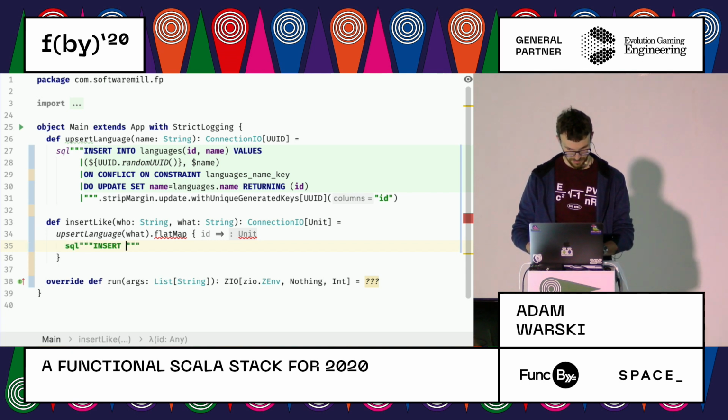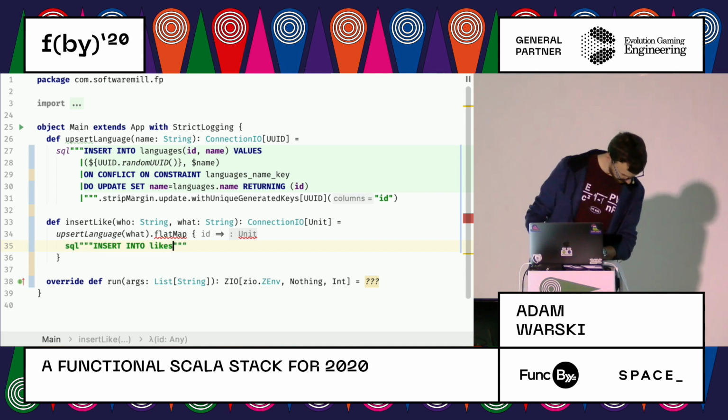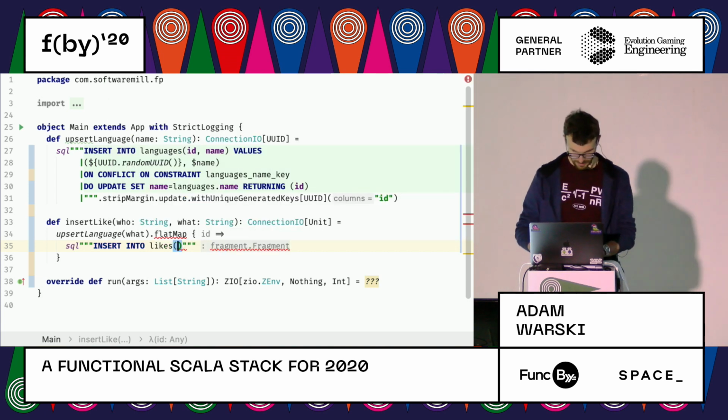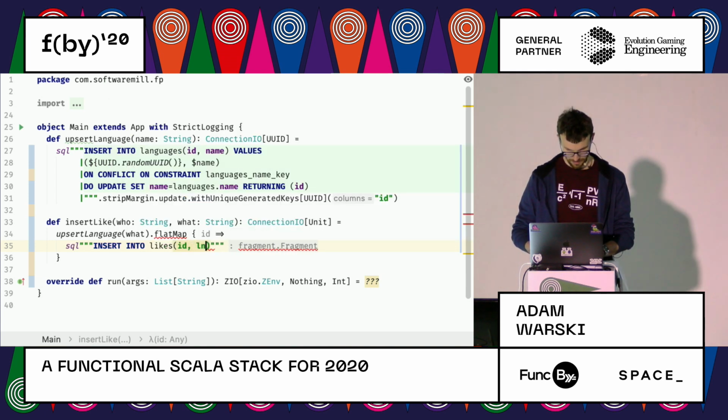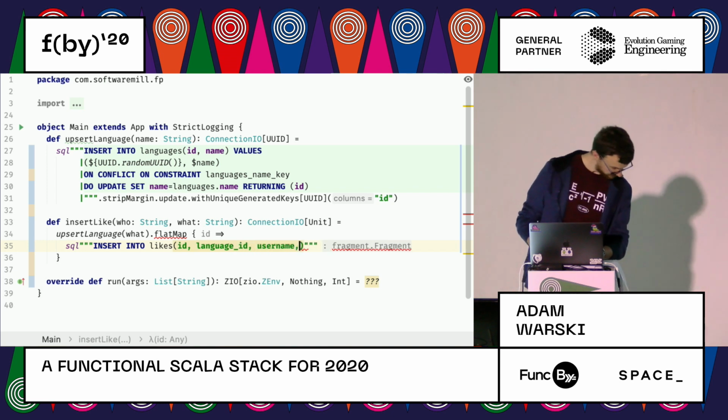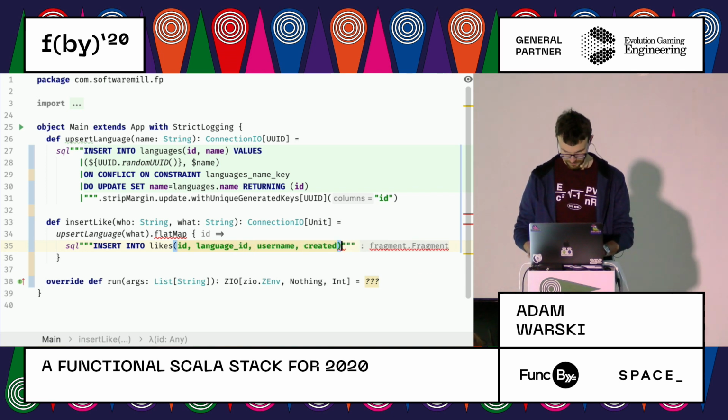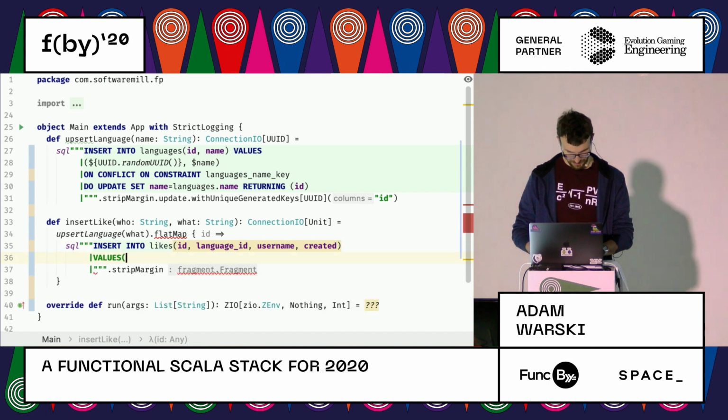So now we insert into likes. What were the column names? ID, language ID, username, created, the 4 columns. And we insert values, again a random ID. Okay.